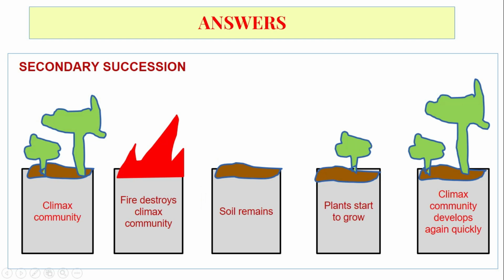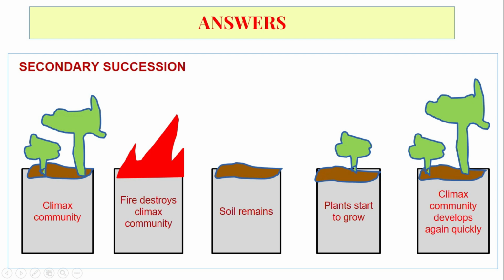Sorry. So secondary succession here shows a climax community already established. Then it is destroyed by fire. Then barely any soil remains, and it will start growing back. Shrubs, grass, and a lot of plants will be growing here.